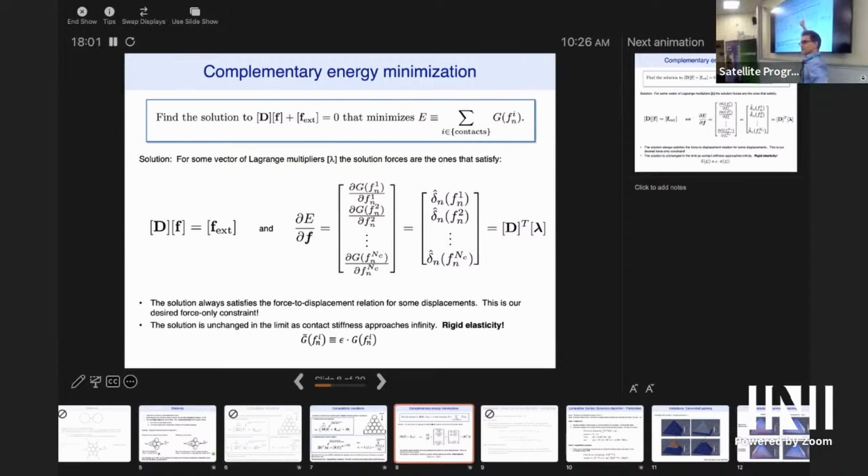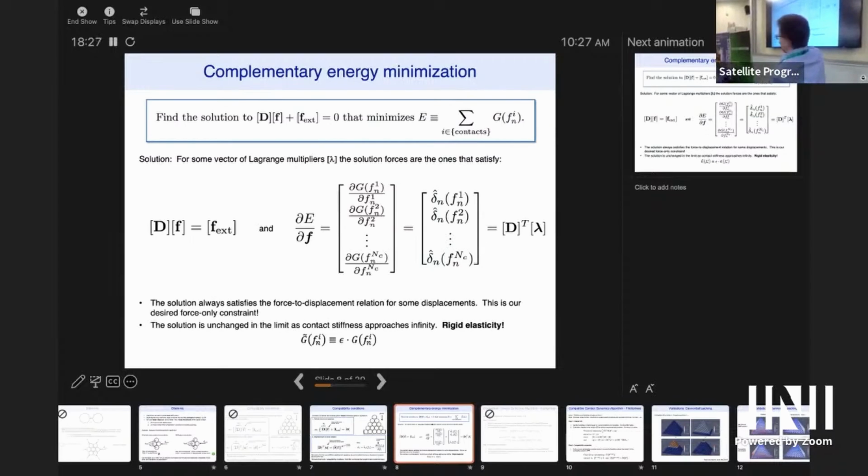If you can find that minimum subject to the constraint that it satisfies force balance, you will have found the forces for which there would exist some displacements that relate the forces back to the compatibility condition. So this is our desired force-only constraint. That minimization problem is my force-only constraint.